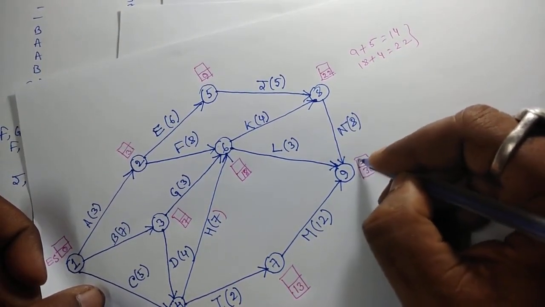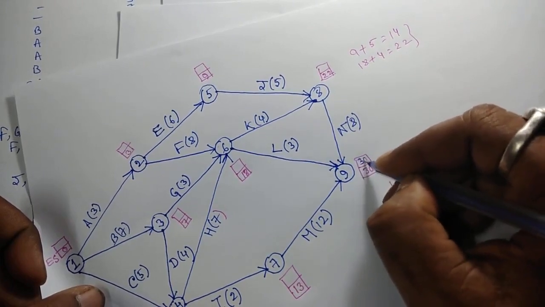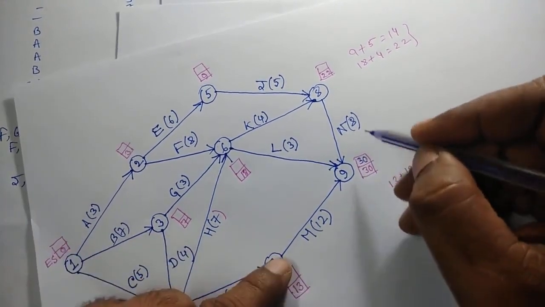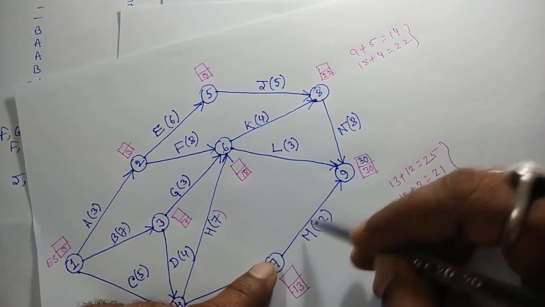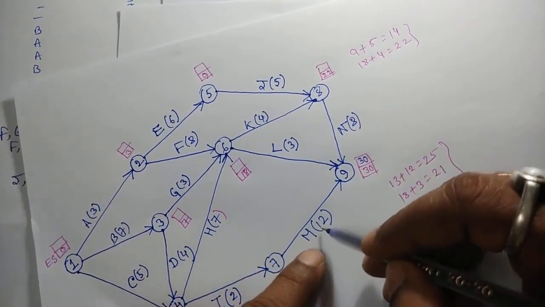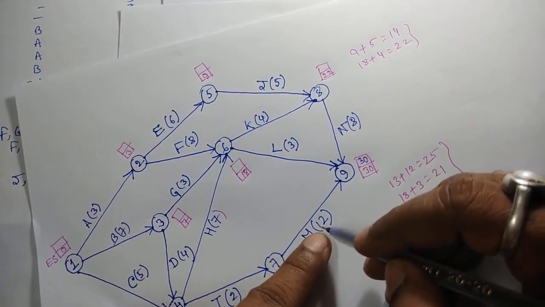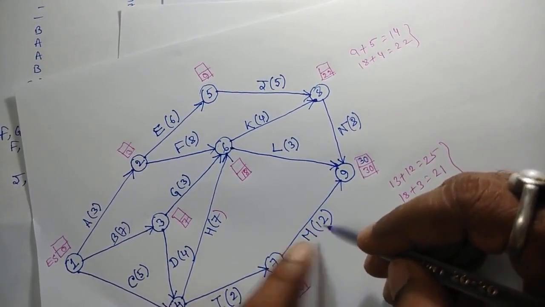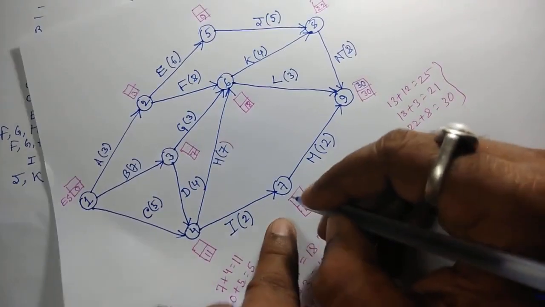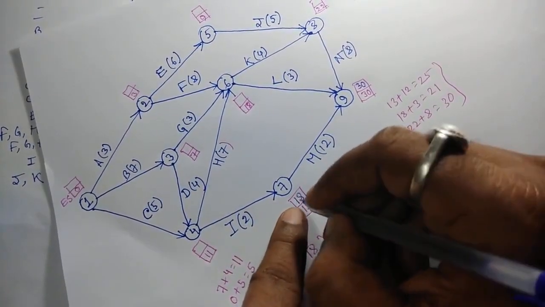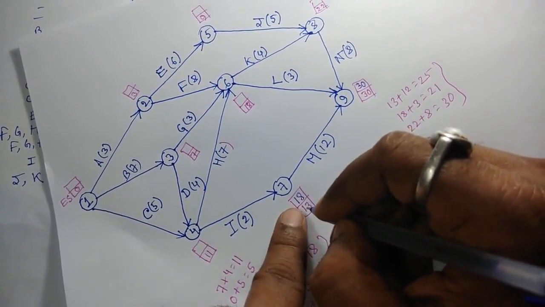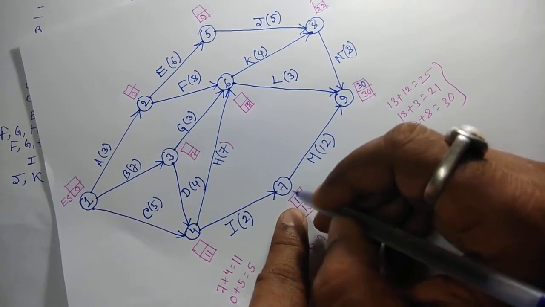Now, backward pass: 30 minus 12 equals 18. So 18 will be the latest completion time for this node.